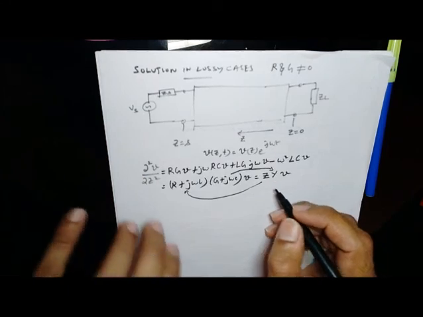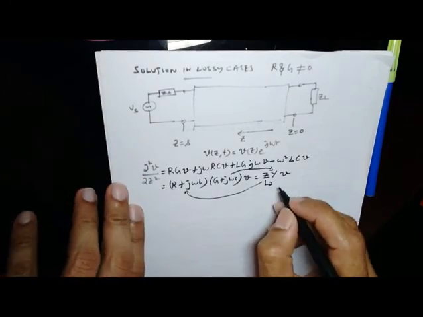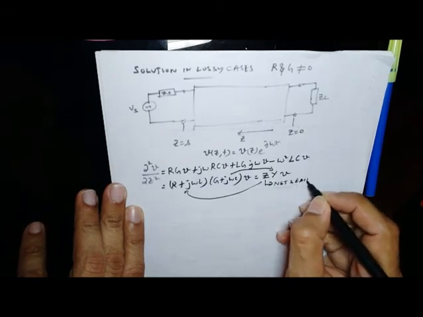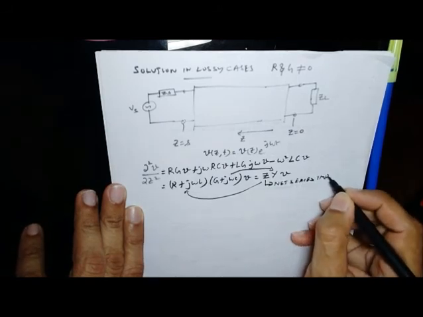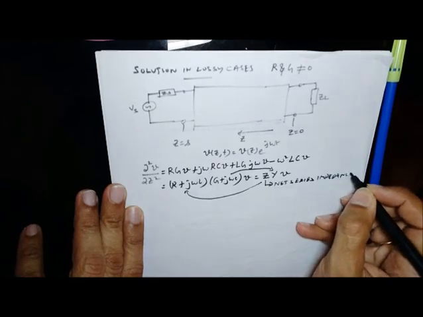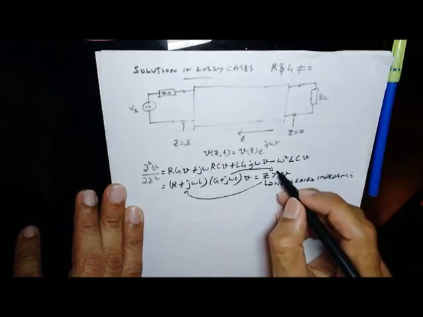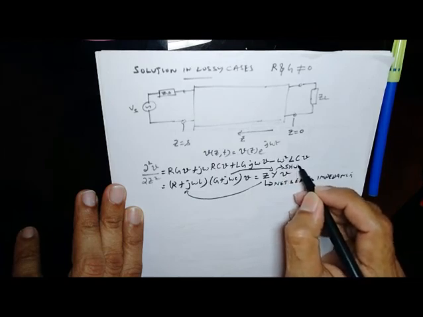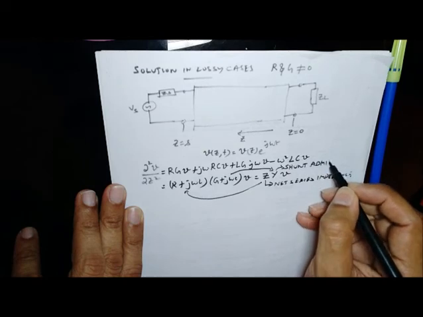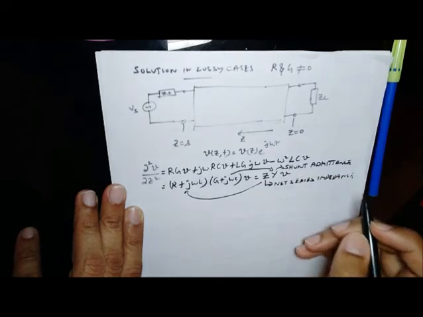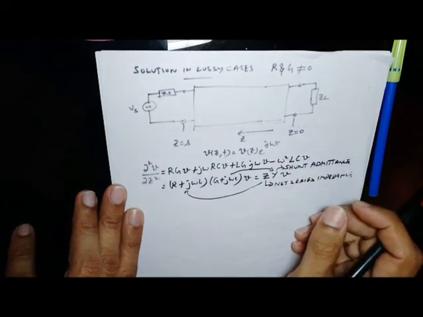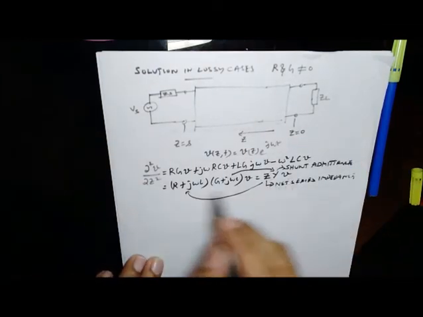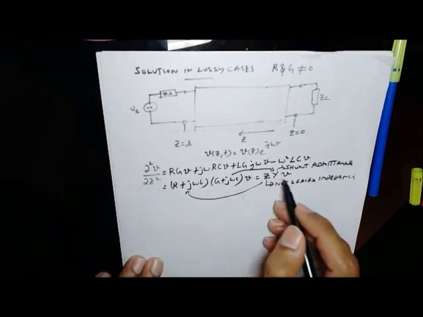We call Z the net series impedance for obvious reasons, and similarly Y is called the net shunt admittance. So dou square V by dou z square is equal to ZY into V.